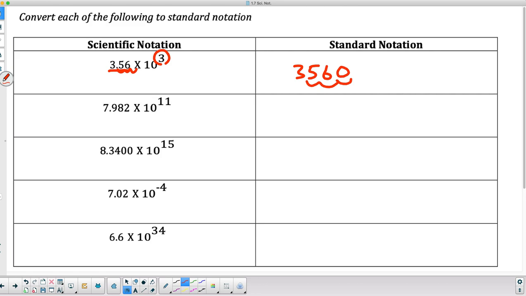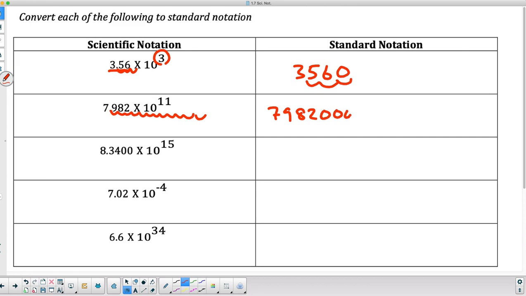I do the same thing with the next one. So I'll skip down to number 2, so I go 1, 2, 3, 4, 5, 6, 7, 8, 9, 10, 11. So 7, 9, 8, 2, and that's 8 zeros.